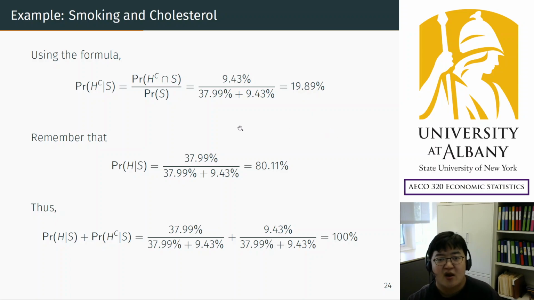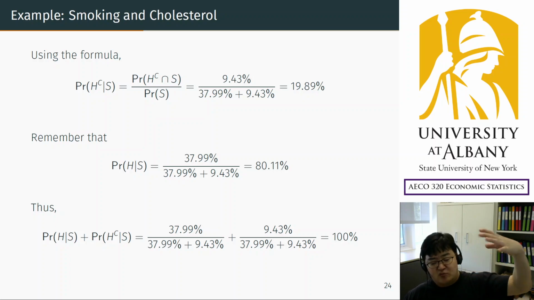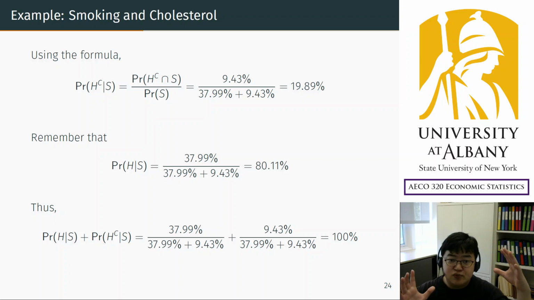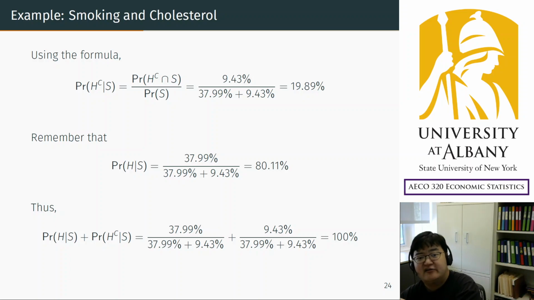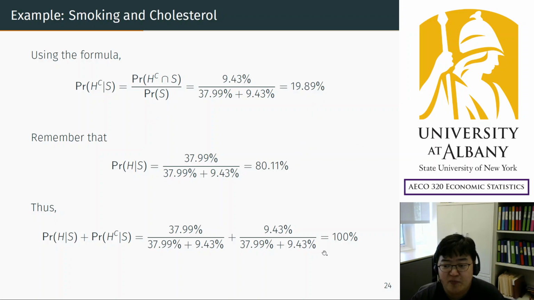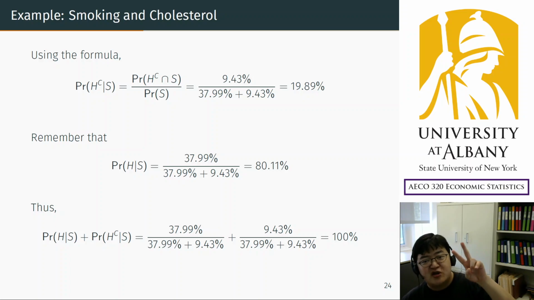So these two conditional probabilities have the same condition. So basically, they are using the same observations as their pool, right? Their pool is the same, but out of the same pool, one is looking at high cholesterol, and the other is looking at the other side of the event, right? So as a result, the sum should be 100%, right? Among those who have smoked before, there are only two types of people, one with high cholesterol, the other not, right?